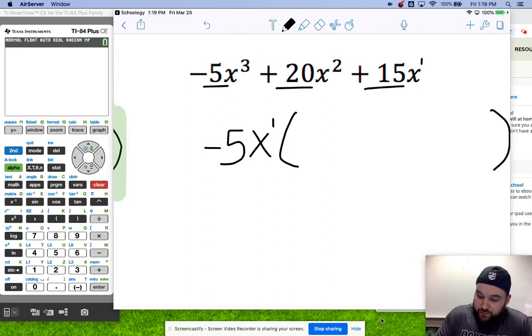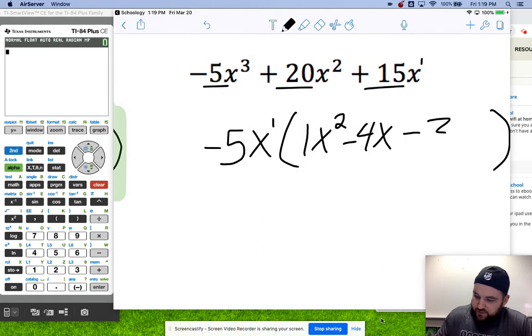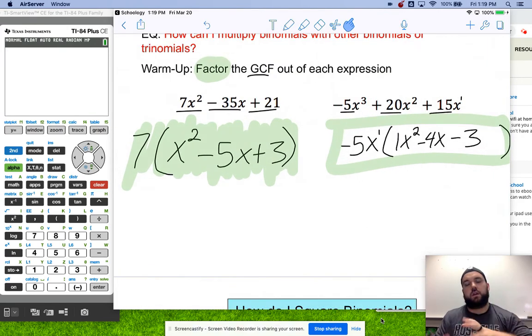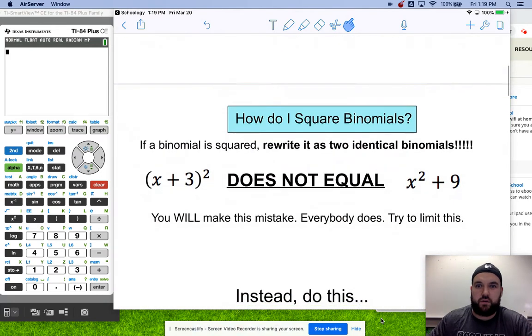So dividing by negative 5 and taking one of the x's away will leave me with 1x squared there. 20 divided by negative 5 is minus 4x. And 15 divided by negative 5 is negative 3. There was only 1x, but I'm taking it out as part of the GCF, so that minus 3 is by itself. Okay, so factoring. I know we've been switching back and forth pretty quick, but they do go hand in hand.